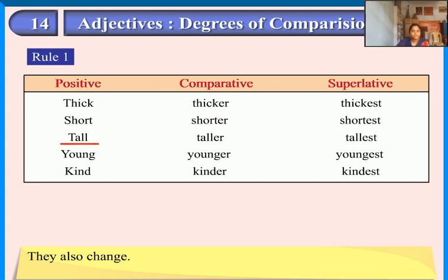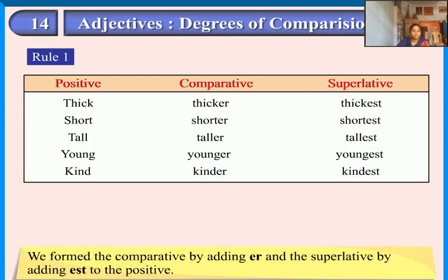Tall, taller, tallest. Young, younger, youngest. Kind, kinder, kindest. What have we done to change? We form the comparative by adding ER and the superlative by adding EST to the positive.